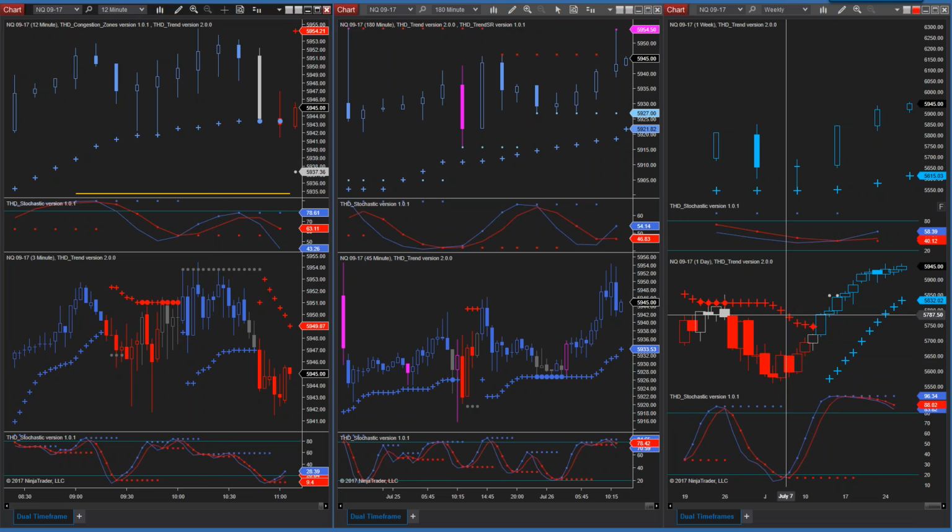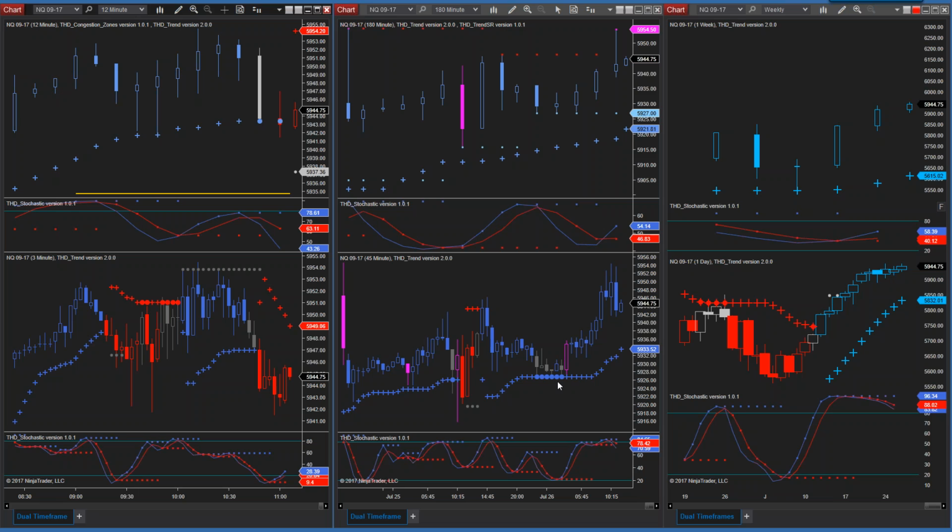Now, what I always try to do is trade into that higher time frame, okay? That to me gives me an edge because I'm going with the higher time frame. There's a couple of different ways that I do this. For example, right now you see the 45-minute and the 180 are both trending up.